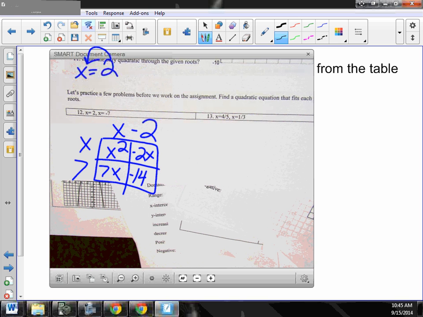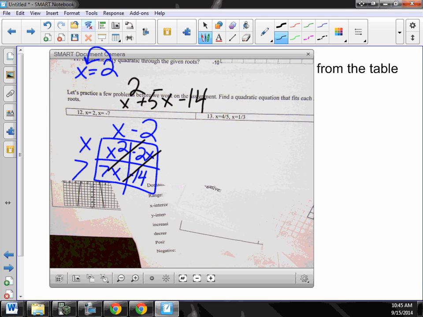So that gives me x squared. What does the middle diagonal create? 5x minus 14. So that type is really easy.